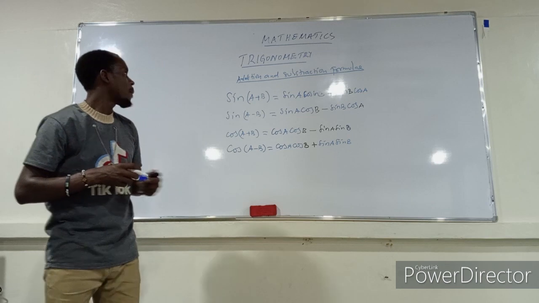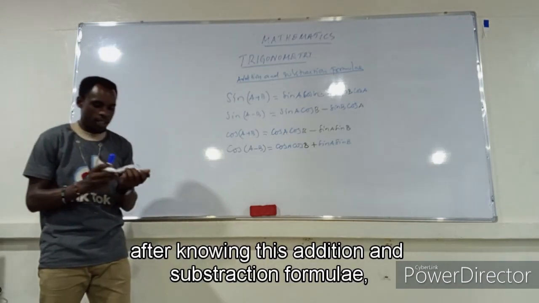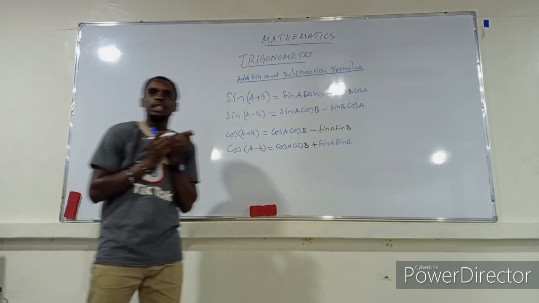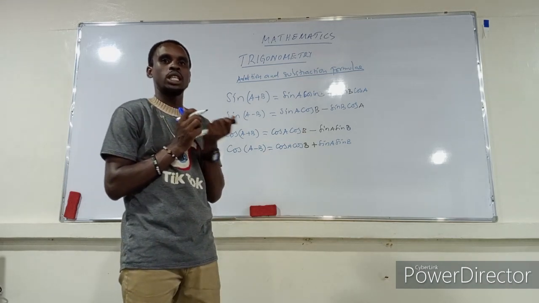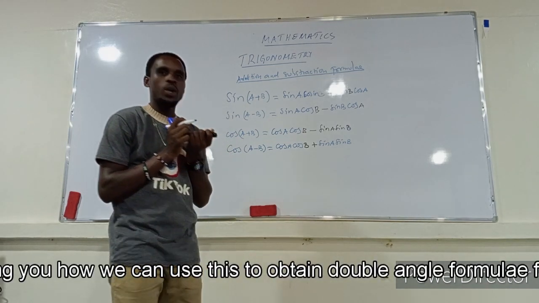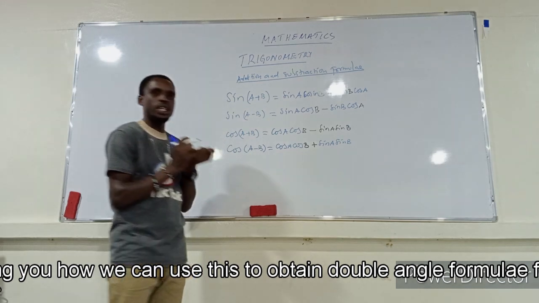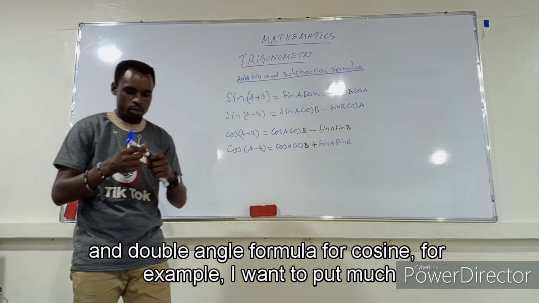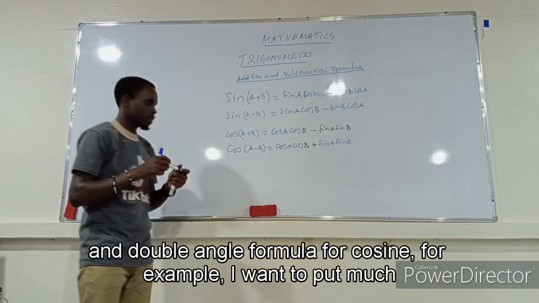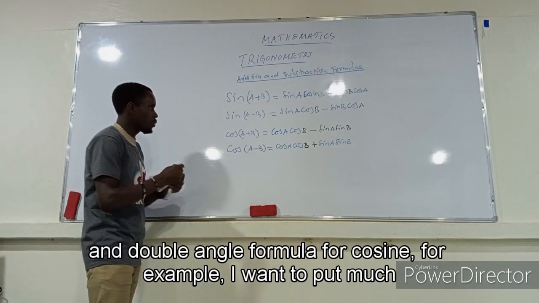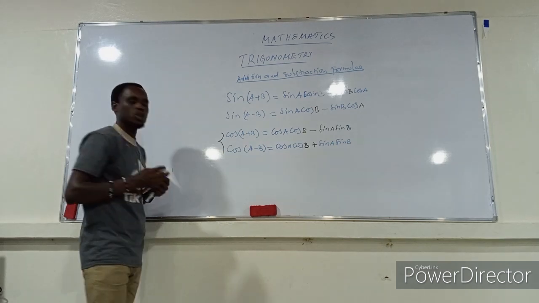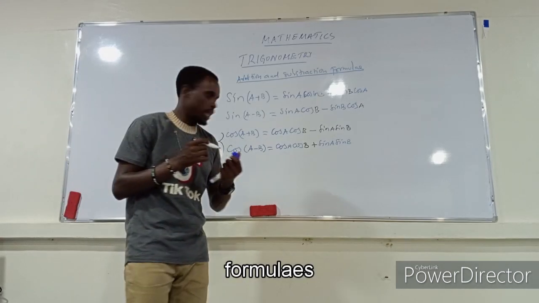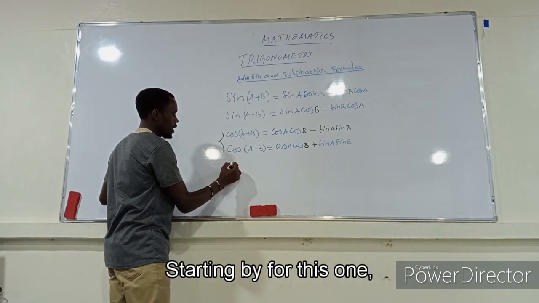So, after knowing this addition and subtraction formula, guys, I cannot go without showing you how we can use this to obtain the double angle formula for sine and the double angle formula for cosine. I wanted to put much emphasis on those two formulas, starting with this one.